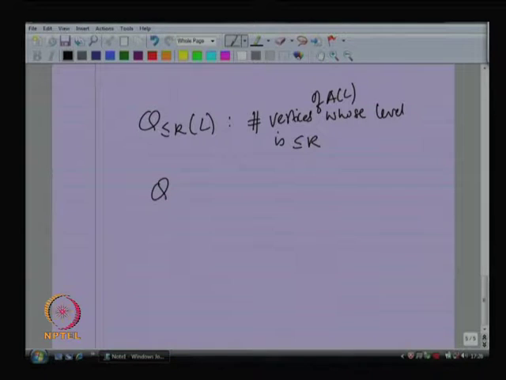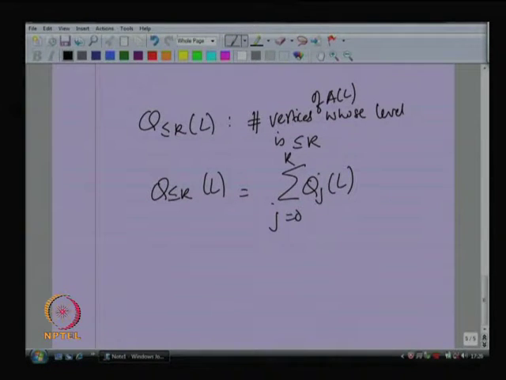So, phi k L is nothing but the vertices whose level is at most k. And the theorem is the following.